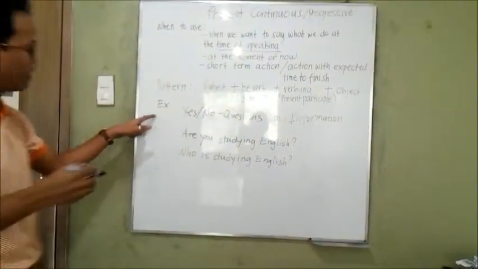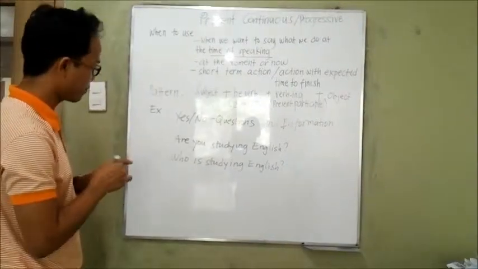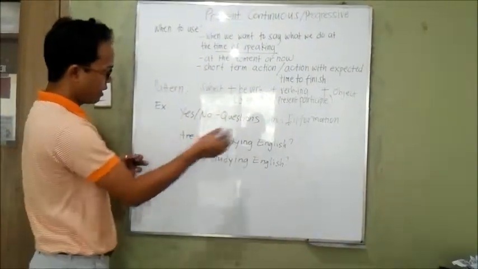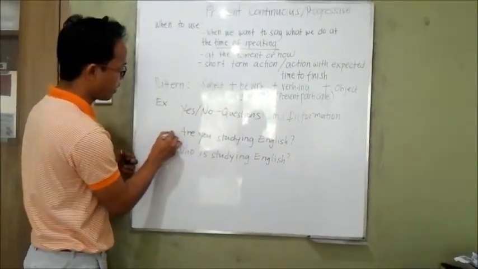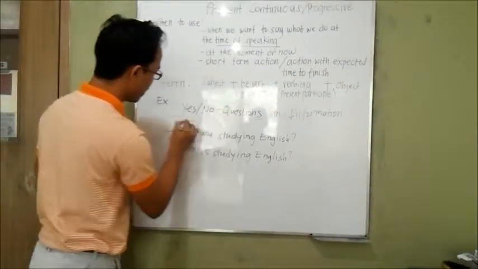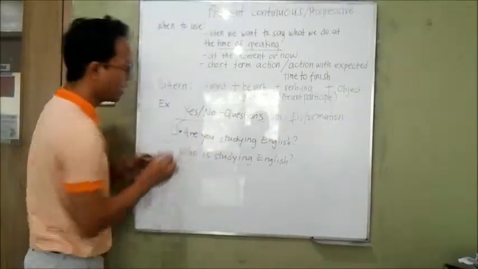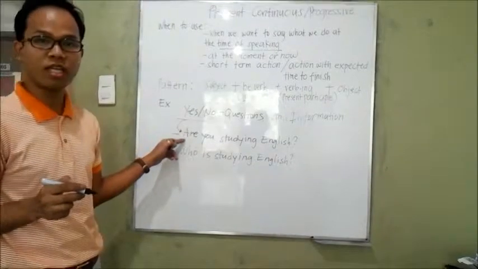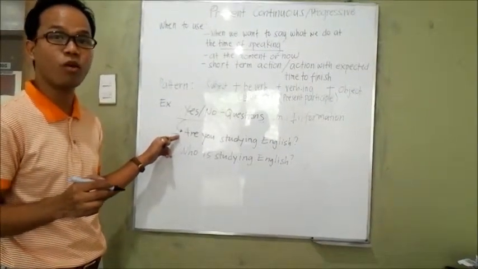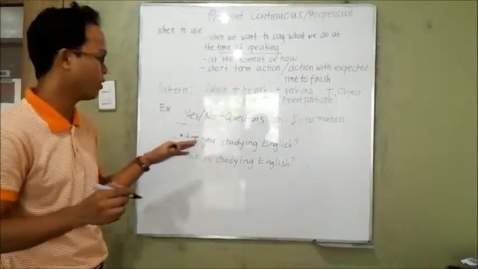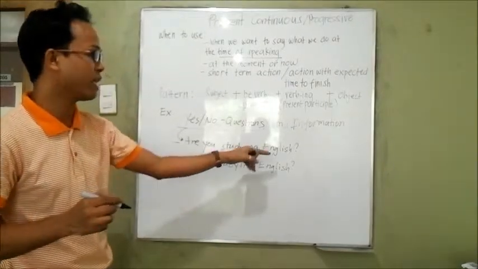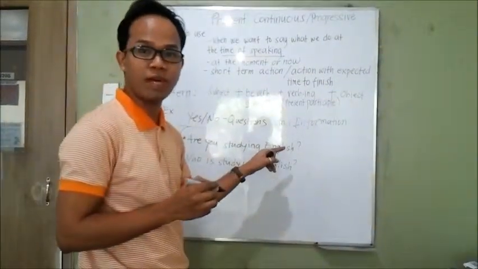In this case, we have a yes or no question. This is what we call a yes or no question, because this question can only be answered with yes or no and a short answer. So, are you studying English?